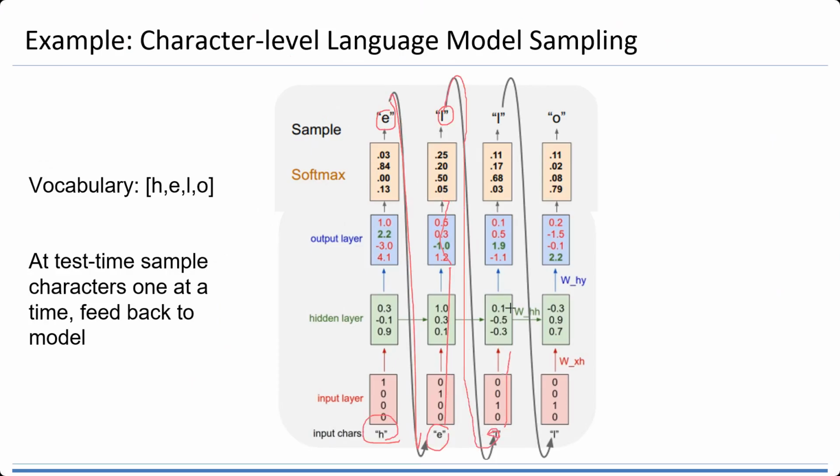The possible word is L, and we go to the next stage, and the result here is O. So using this structure, we have confidence that after the word HELL, the most possible character is O.